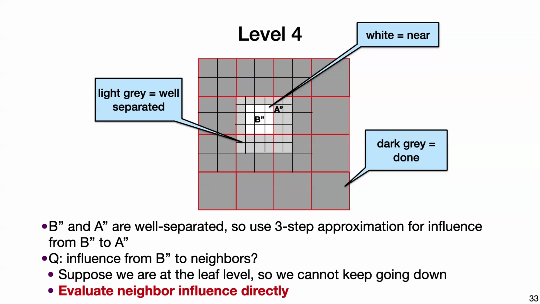You still need to do this for every box or point, right? Yes, you need to do this for every box. So you do the far approximation for all the points in the box until you get to the leaf level.